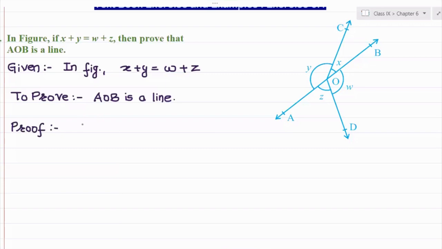So first what we have given here, we have given that x plus y is equal to w plus z, and these two things are equal, that I am supposing equal to a, because the sum of these two things and the sum of these two things will have a same value, so that same or common value I am taking as a. This one I am giving as equation number 1.